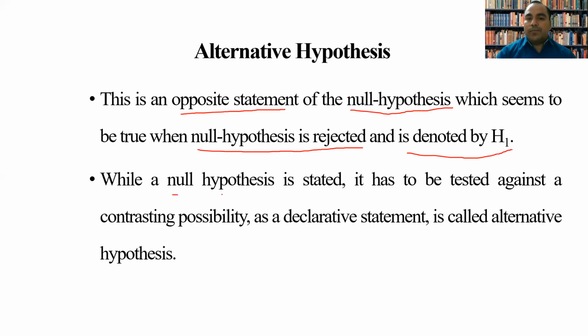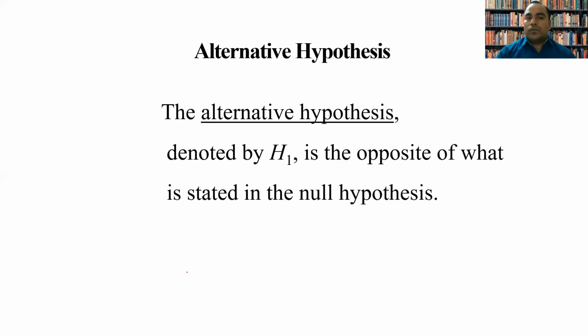While a null hypothesis is stated, it has to be tested against contrasting possibilities, as a declarative statement called alternative hypothesis. So alternative hypothesis denoted by H1, as we discussed in the beginning, is the opposite of what is stated in the null hypothesis.